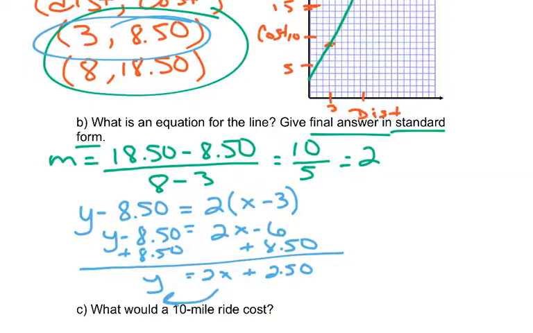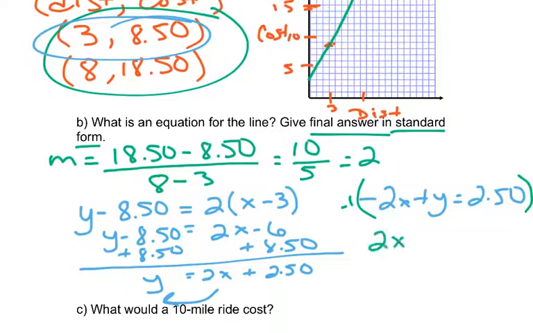I'm going to bring the 2x to the other side by subtracting it. And then again, it's always nice in standard form to have your first term positive. So let's go ahead and multiply all of this by a negative 1 to clean it up a little. So we get a positive 2x, we get a negative y, and multiplying to that, we get a negative 250. So that is the equation for that line in standard form.